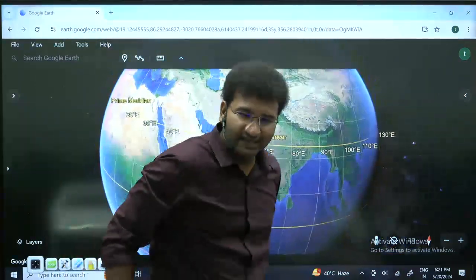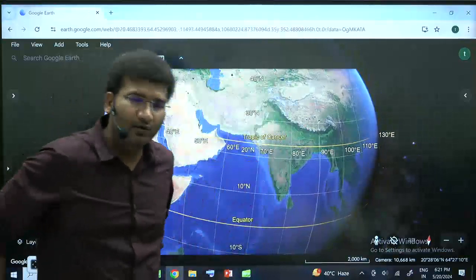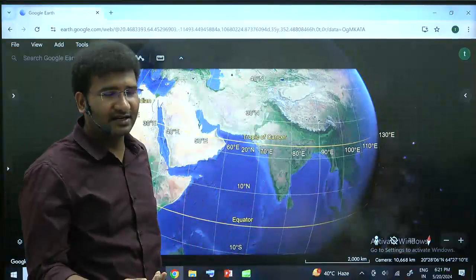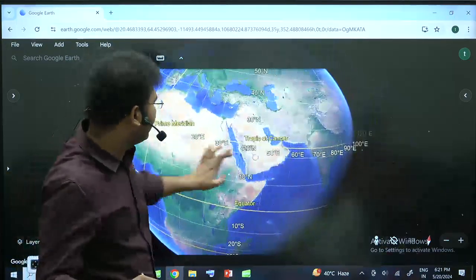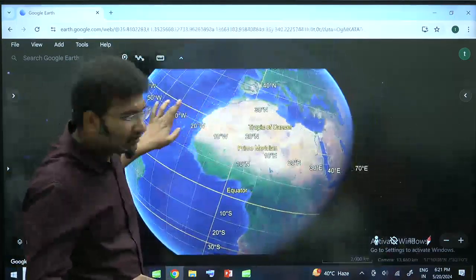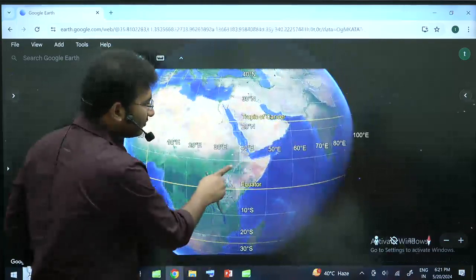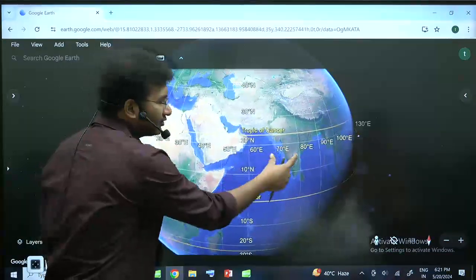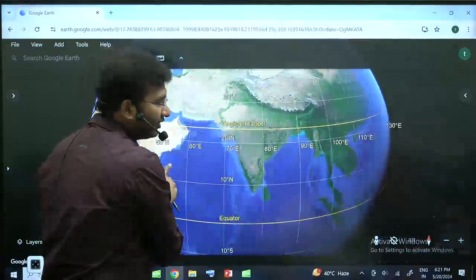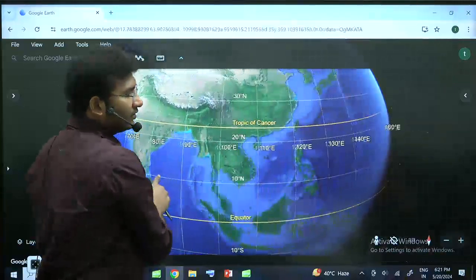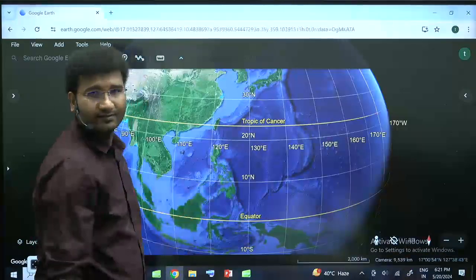Now, IDL, that is international date line, how did we come to that 180 degrees and international date line? See here, as I'm moving from the prime meridian, I'll go east of the prime meridian. Look into these longitudes. What is the longitude of India? 80 degrees east. If I'm going a little more, I find 140 east.